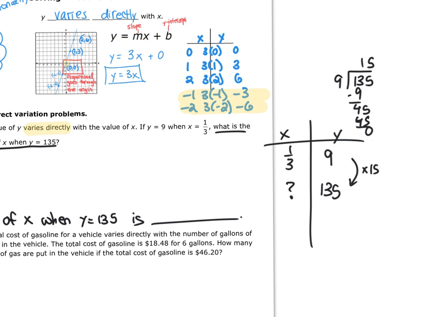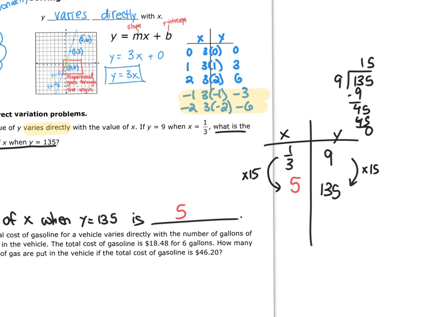So then if I want to find out what x is equal to when y is 135, I can multiply by 15 on the left side. 1/3 times 15. That's like 1/3 of 15. That's 5. You could also think of that as 15 divided by 3. So now I know that when y is equal to 135, x is going to be equal to 5. Great, and you can always use Desmos here as well.